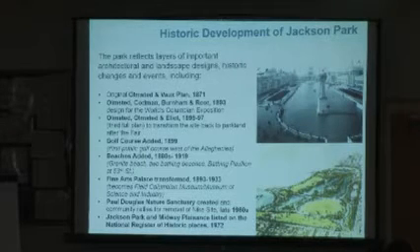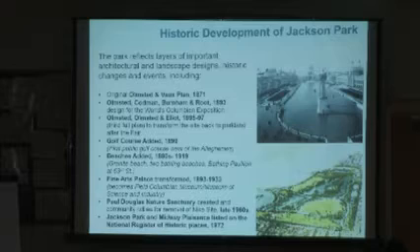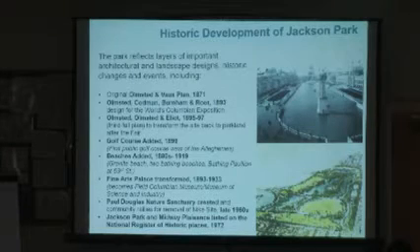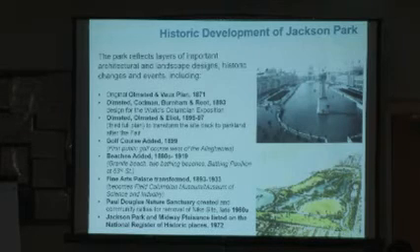And the landscape architects associated with the various iterations of plans through time make this park significant and are a big part of why it's listed on the National Register. And this is just a short list of various milestones and notable historic milestones for the park. And I do want you to note that at the end, in 1972, again, it was placed on the National Register.